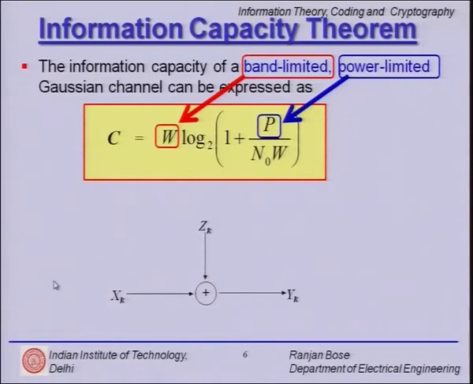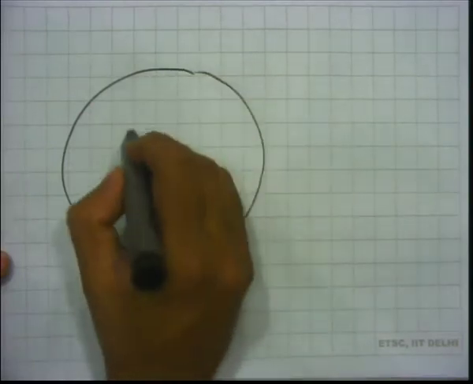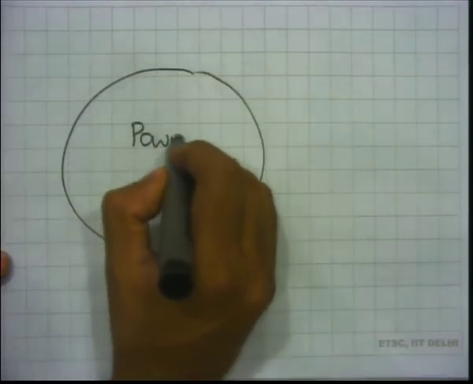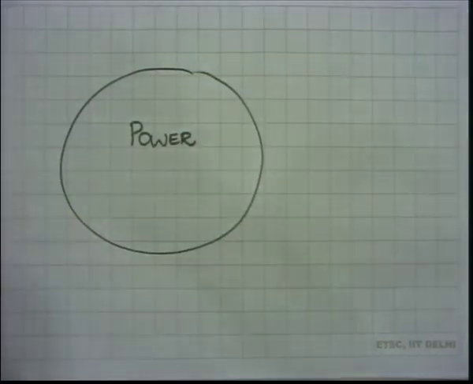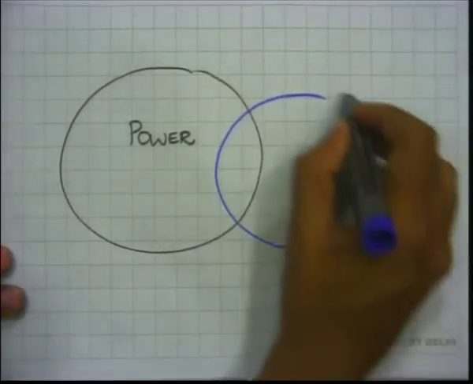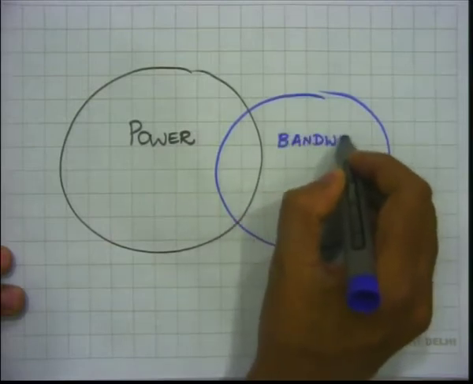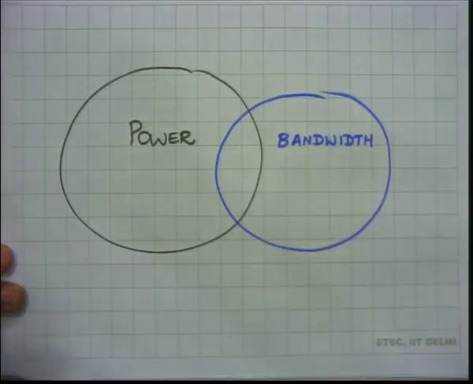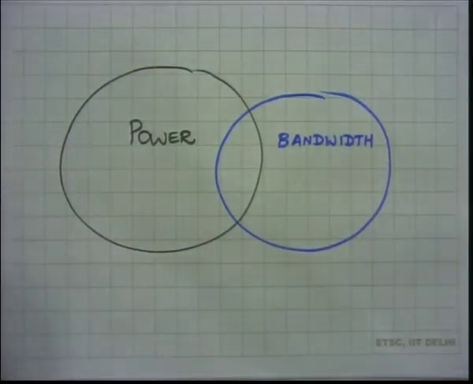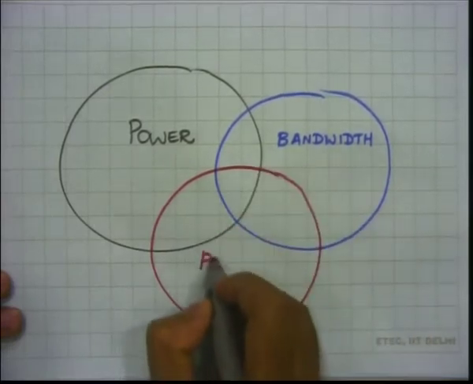All right. So, if you look at a Venn diagram, we have this circle for power, and for bandwidth, and finally we have performance.